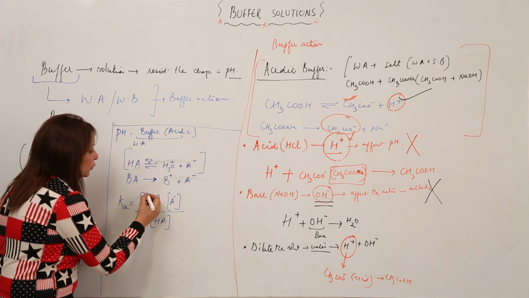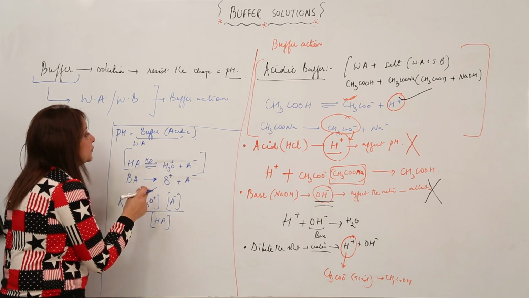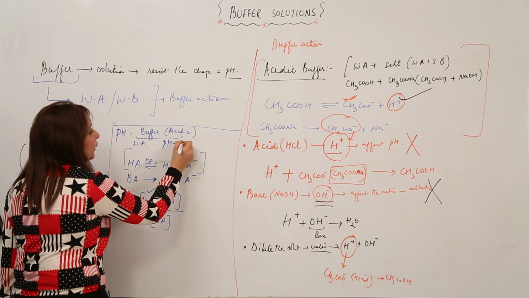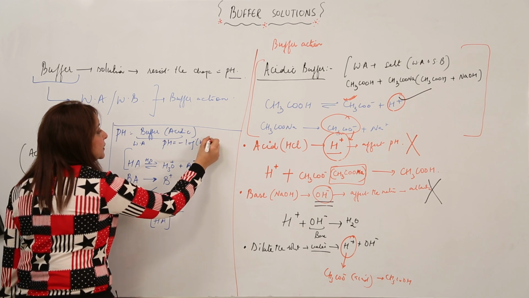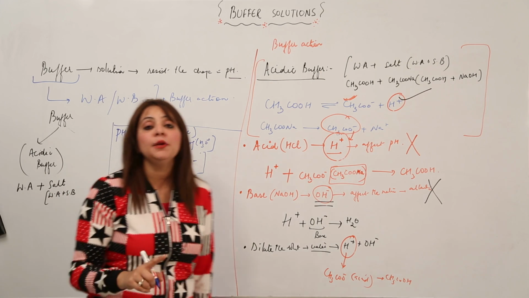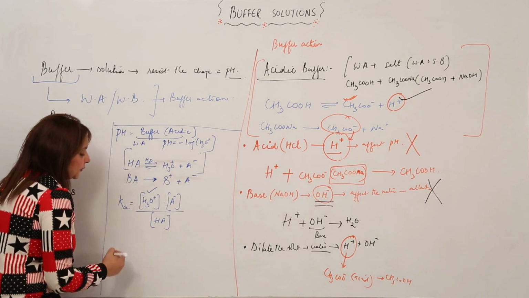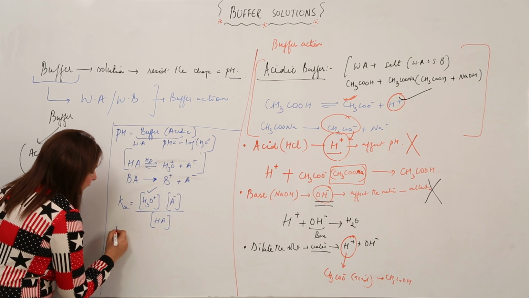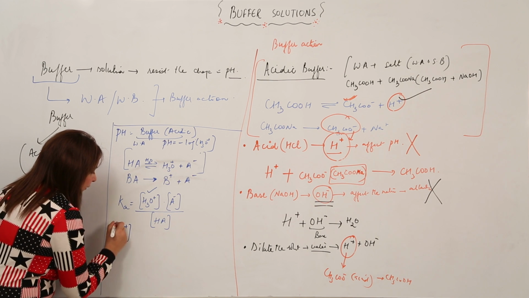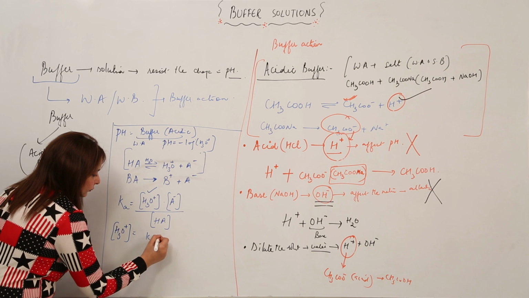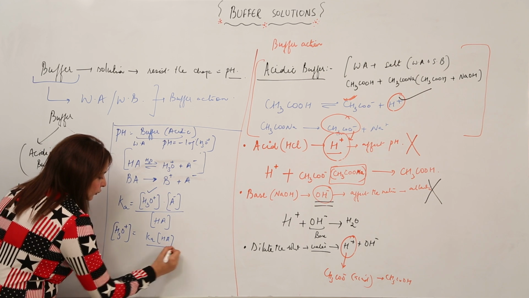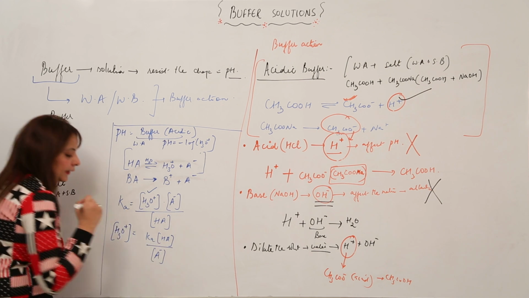Now, if I want to know the concentration of the hydronium ion, because we know that pH is equal to minus log hydronium ion concentration, right? So that means to calculate the pH, we have to know the concentration of the hydronium ion. So this is what I am doing here. I am just keeping it here and shuffling everything. So I have this. Right.